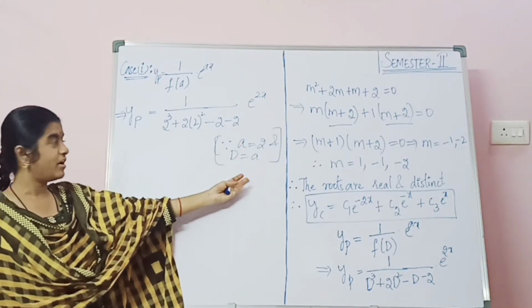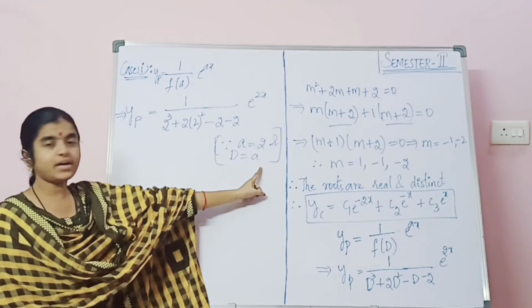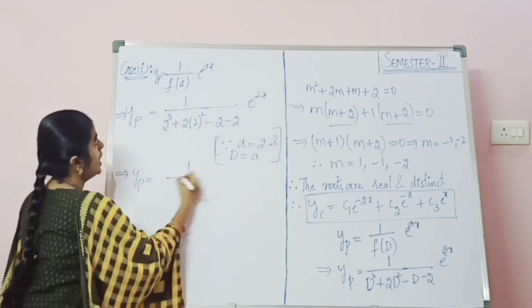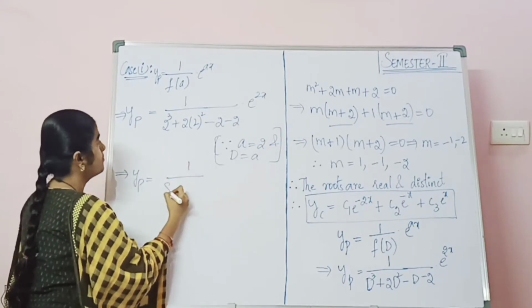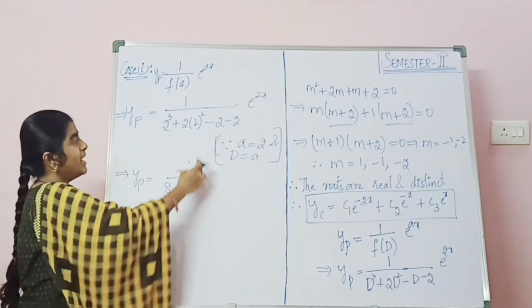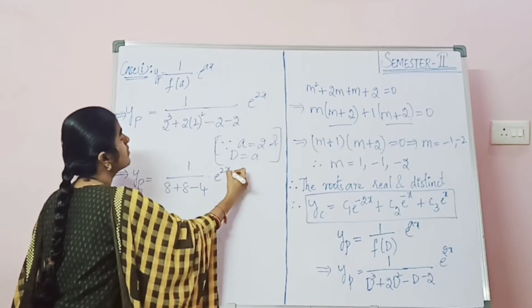For your easy understanding, I am giving here, since a equals 2, D equals a here. Now, so that implies 1 by 2 cube means how much? 8. Plus 2 into 2 square means 2 into 4, how much? 8. Minus 2 minus 2 minus 4 into e power 2x as it is.